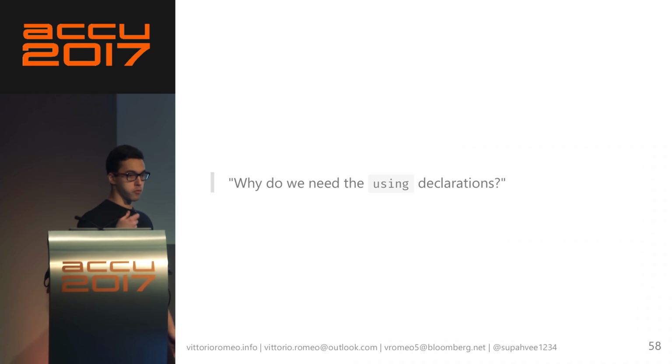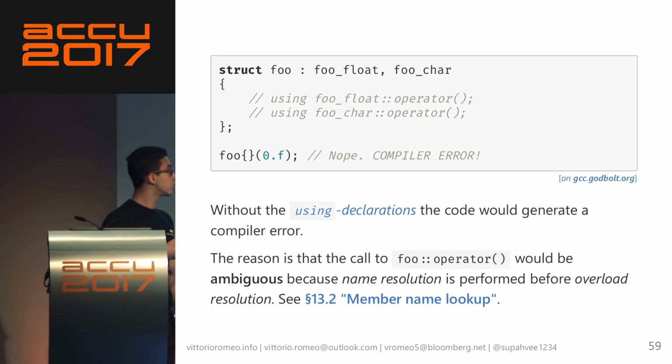So one thing you might be wondering is, why do we need the using declarations? Well, if you don't have the using declarations and just use inheritance, you will expose the base classes' operator call, but you will have an ambiguous error when you try to call the most derived function object.